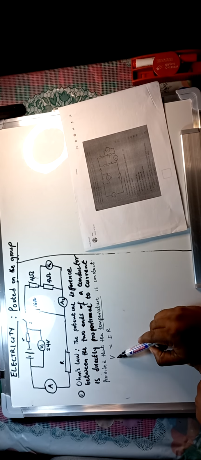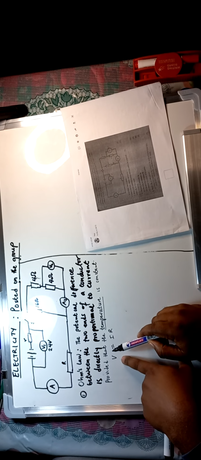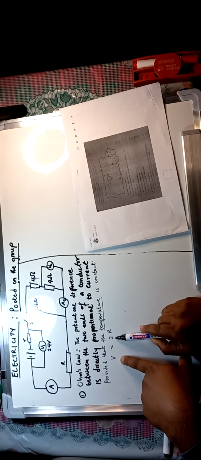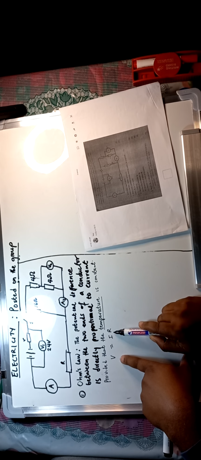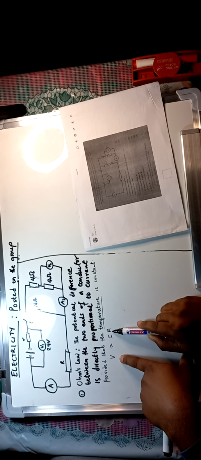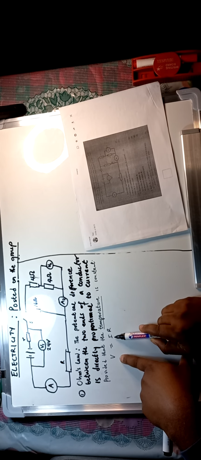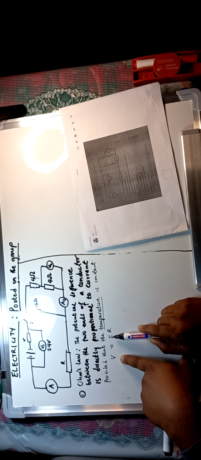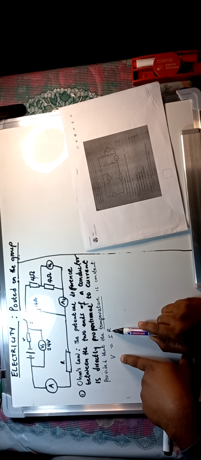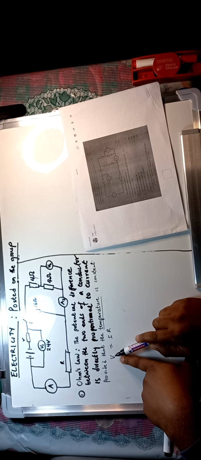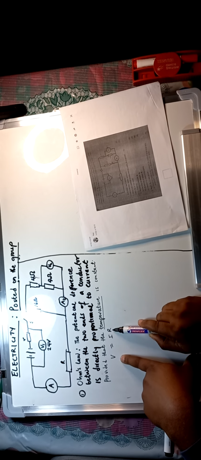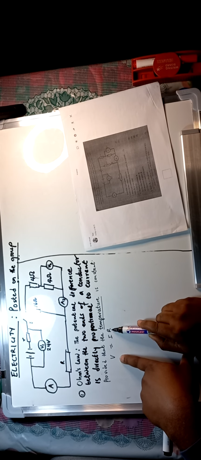There is also V here. So we must make sure that whichever voltage I use here, the current must be the current that is flowing through this R, and this voltage must be the voltage across this R. You must not mix them up, because that is the common mistake we normally see.